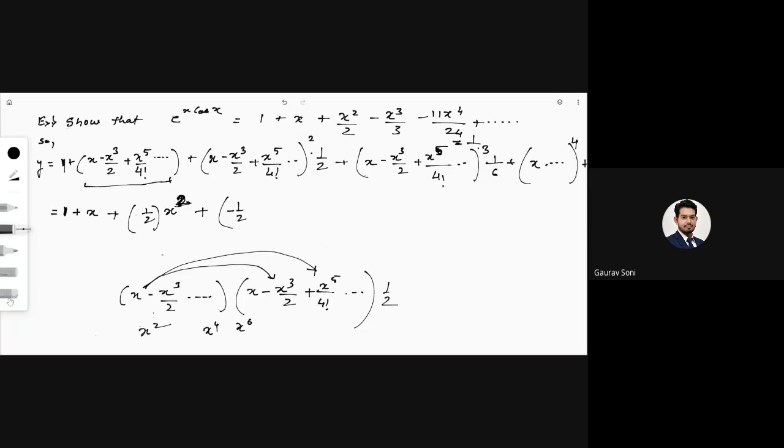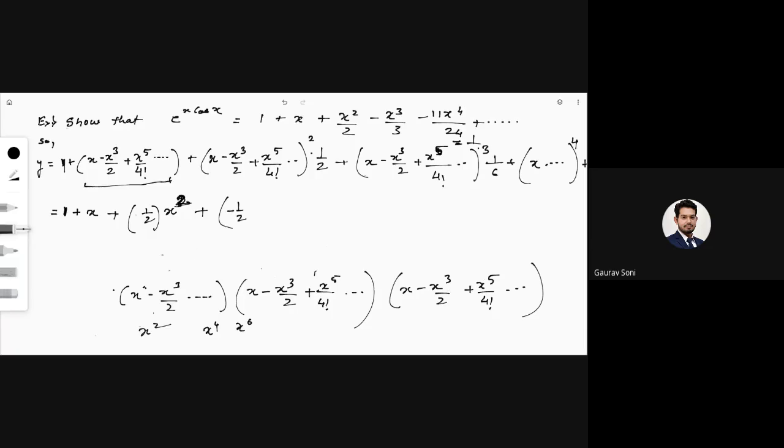So what we will think of is x raised to 3 in the third one. What is the third term when you make the cube? So when we make the cube, what we will have is x minus x cube divided by 2 plus x raised to 5 divided by 4 factorial, and so on.